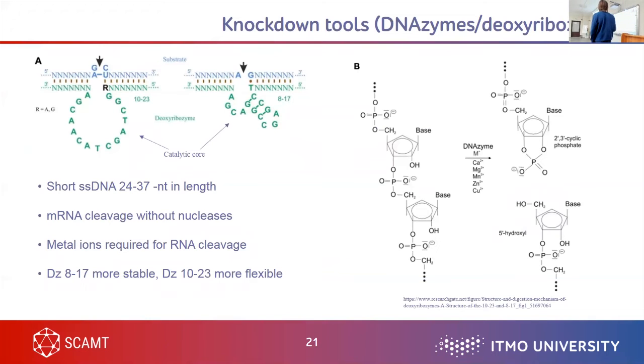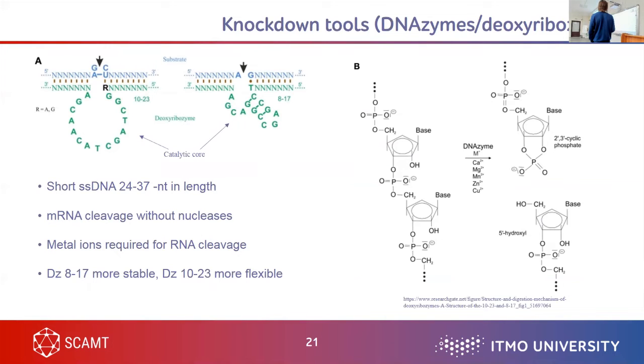So going further, there are DNAzymes or deoxyribozymes. It's our lovely approach that we use in our molecular biology lab. It's a short single-stranded DNA, 24 to 37 nucleotides in length.